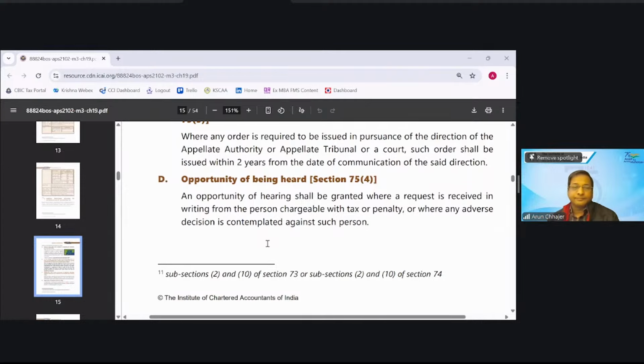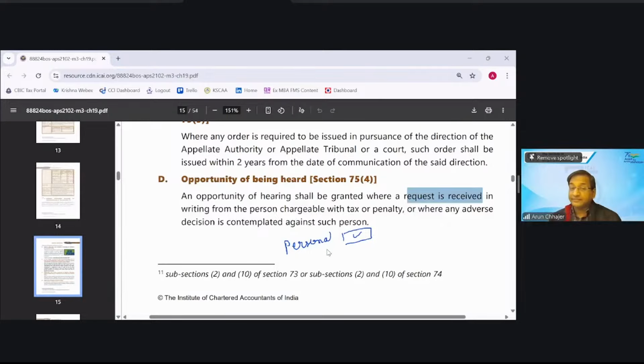Opportunity of being heard. Whenever an adverse decision is taken against any taxpayer, it is important to give the opportunity of hearing, either when the request is received, or when the adverse decision is contemplated. When you file the reply, when you give the reply, then there is a check box on whether you need the personal hearing or not.